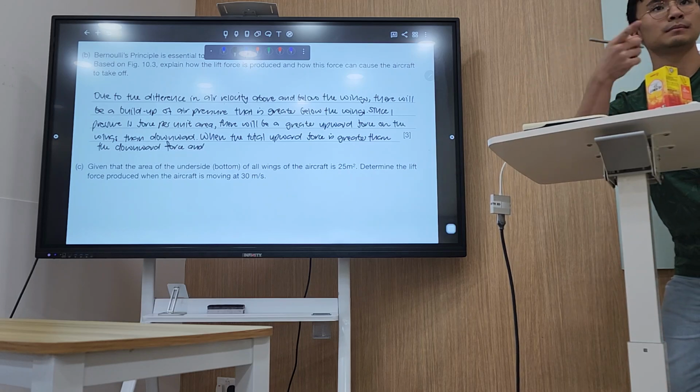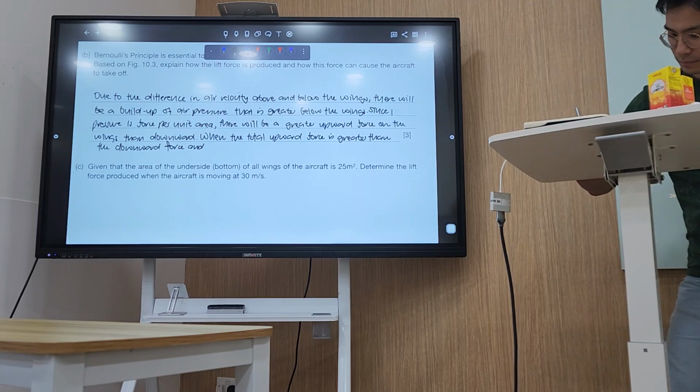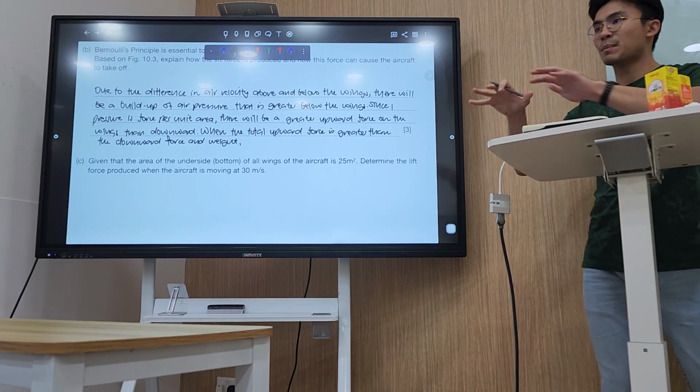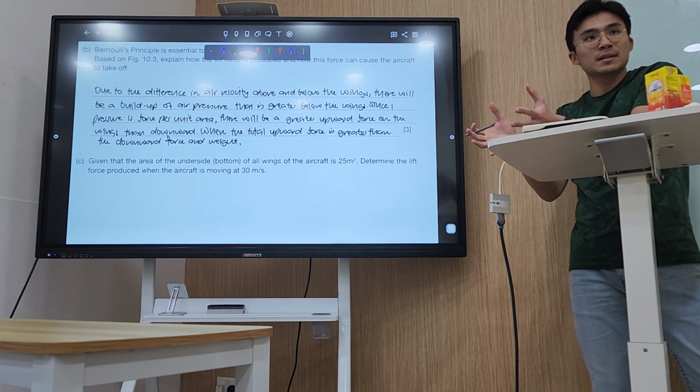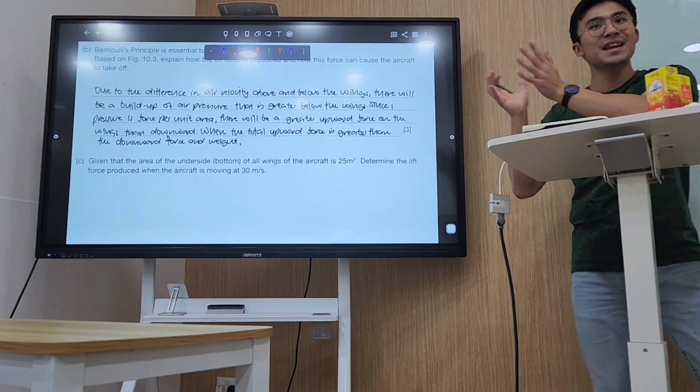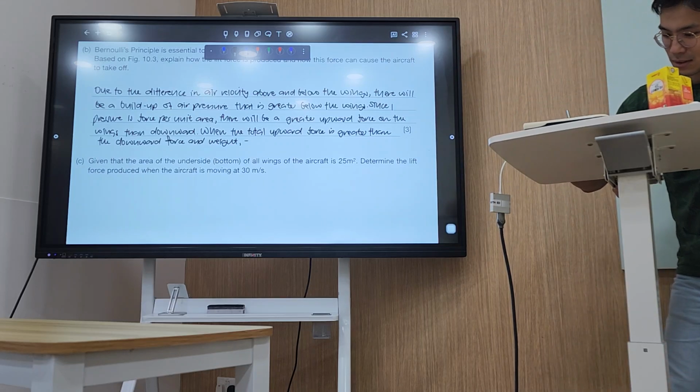Anyone? Your weight. Okay, when the total upward force by the air below the wings is greater than your downward force by the air above the wings and the weight, the aircraft will take off.